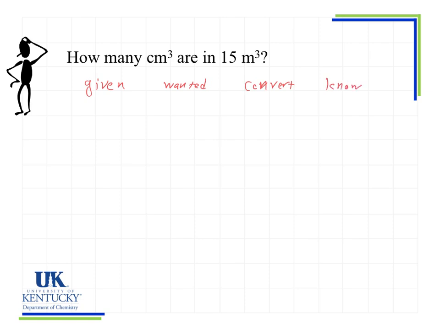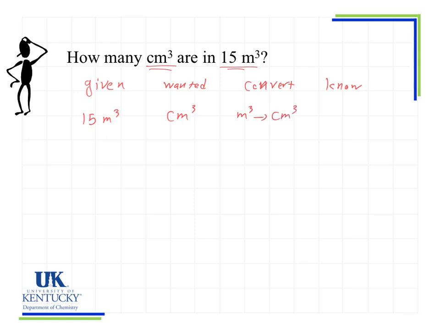Okay, so the given is the given information, so we know it's 15 cubic meters. What is wanted? We want it in cubic centimeters, so that's wanted. What do we need to convert? We need to convert cubic meters to cubic centimeters.